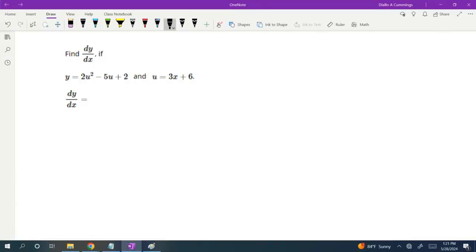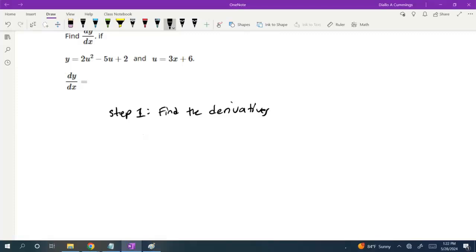Since the substitution has already been performed, in this case, our first step is to find the derivatives. For this first equation, we're going to find the derivative of the function y with respect to u. So we're going to find dy du.